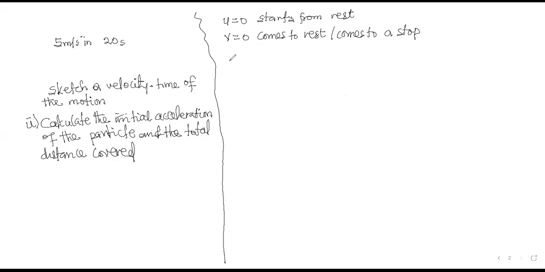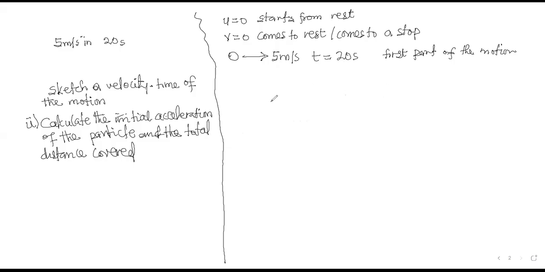So the change in speed is from 0 to 5 meters per second, and this occurred within a time interval of 20 seconds. So this is the first part of the motion.